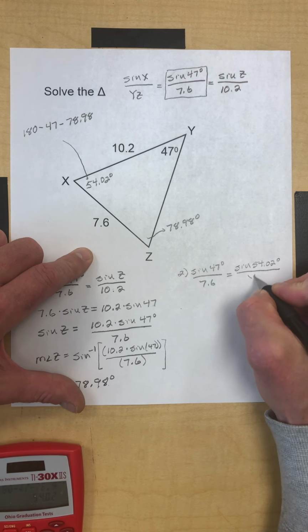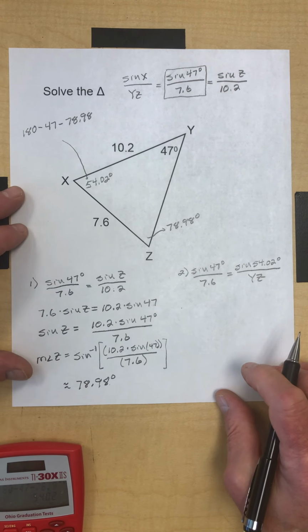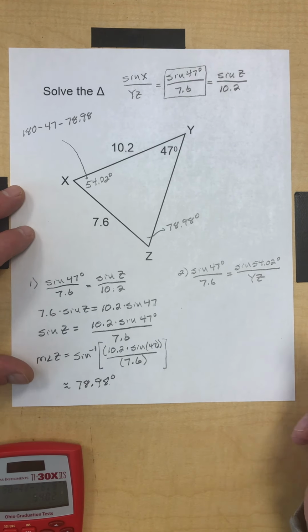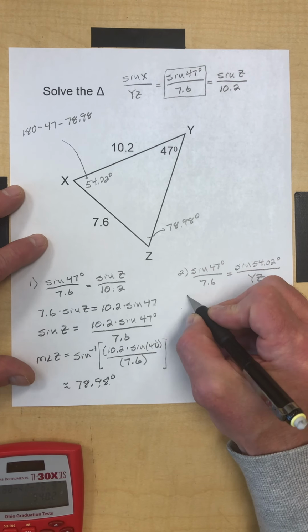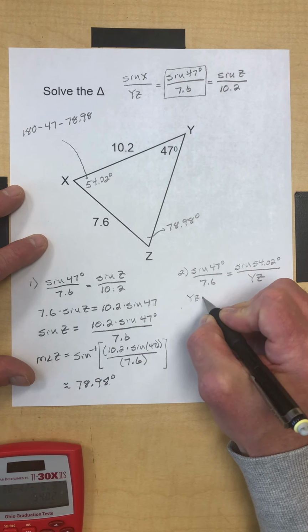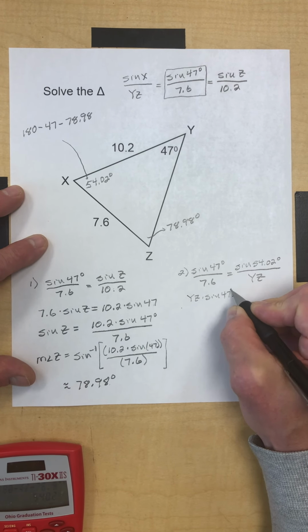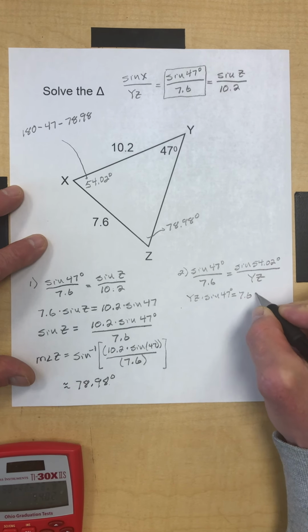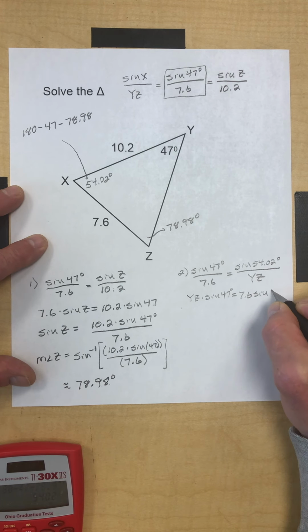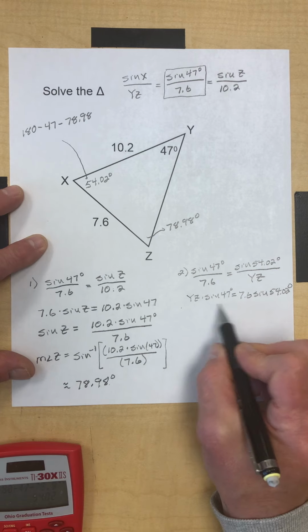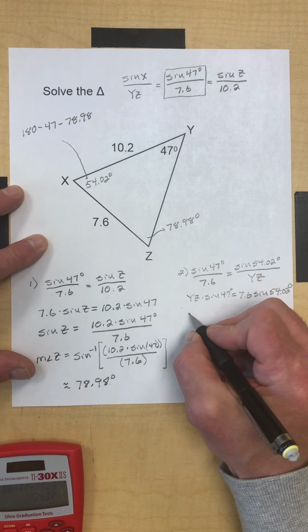And that gives us a way for solving for YZ. Okay, so we take our cross product, so let's see. YZ times the sine of 47 equals 7.6 times the sine of 54.02. Okay, and then we divide both sides by the sine of 47.